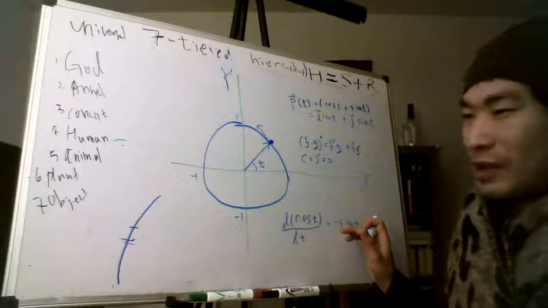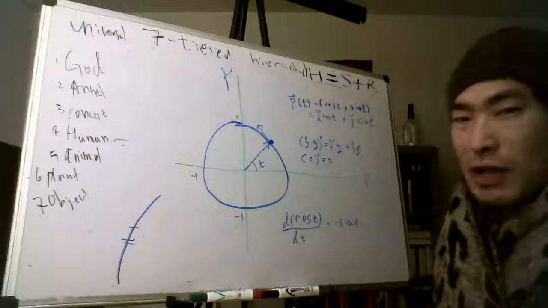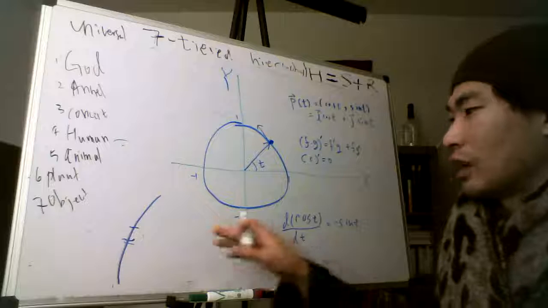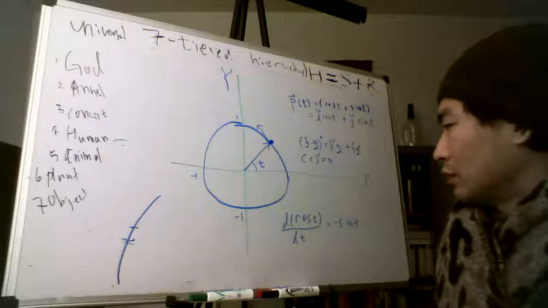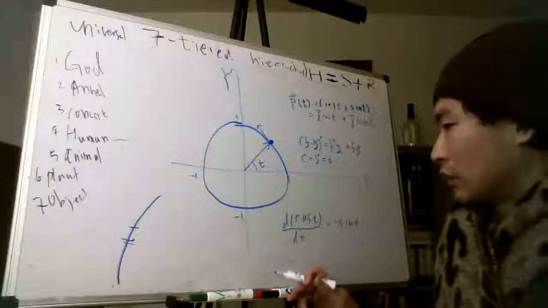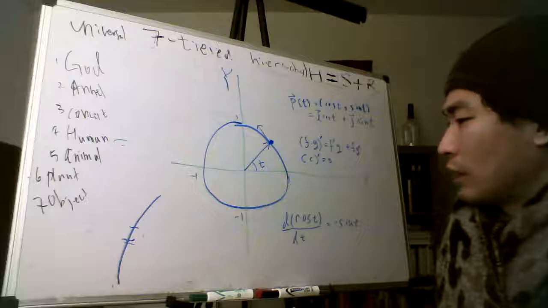How to prove this? I don't know. Maybe they'll do some Taylor expansion or something, like binomial expansion. Probably that's what it is, but let's actually see that. What is cosine a plus b?